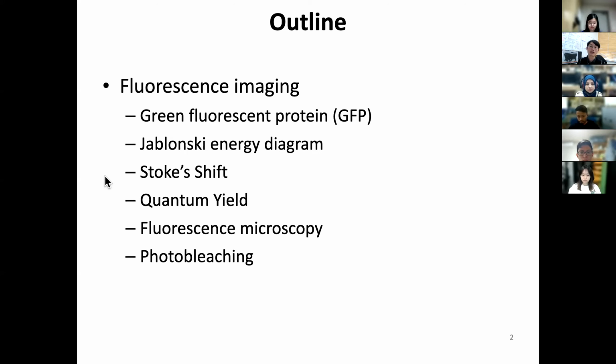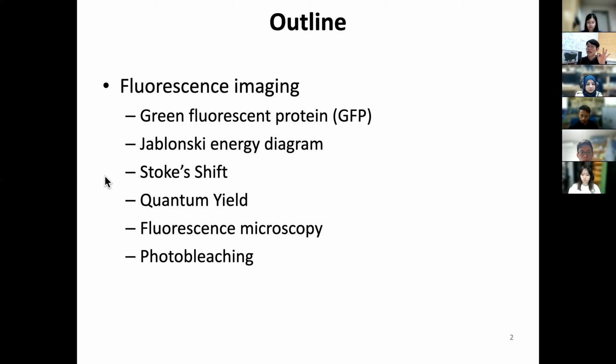Next, we will discuss a fundamental rule of fluorescence, which is distinguishing the exciting photon and the emission photon, with a difference in their energy, or simply the color. The difference in color allows us to block out the excitation so that you can only see the emission light, or emission photons, coming from the fluorophores.